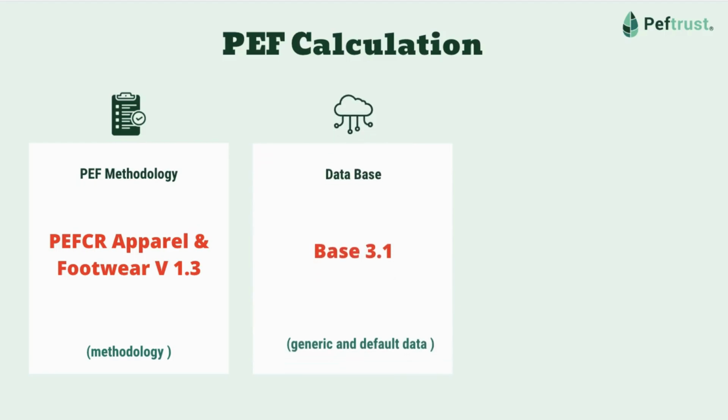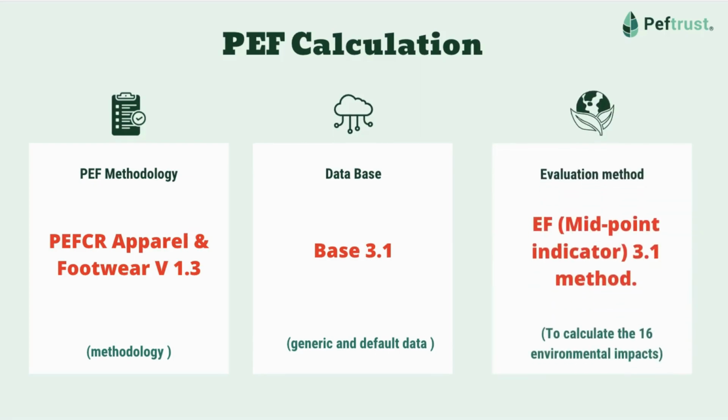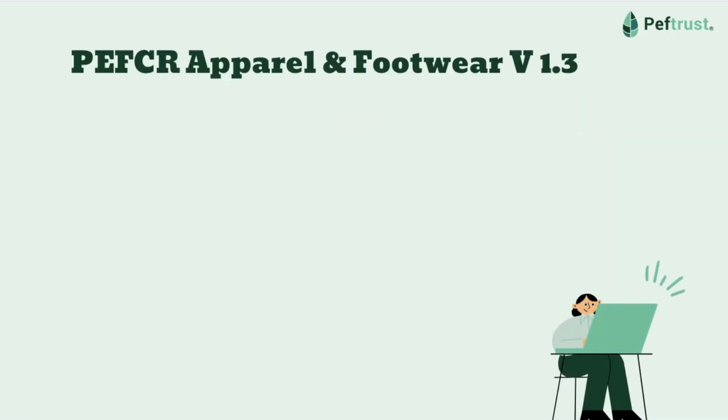associated EF 3.1 database. The calculation considers various environmental impacts and uses the EF 3.0 method. This method allows for the comparison of a product's environmental performance with a benchmark representing the average performance in the European market.